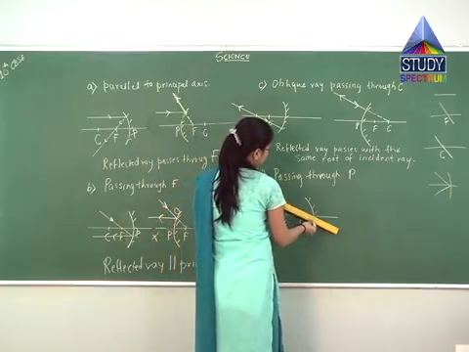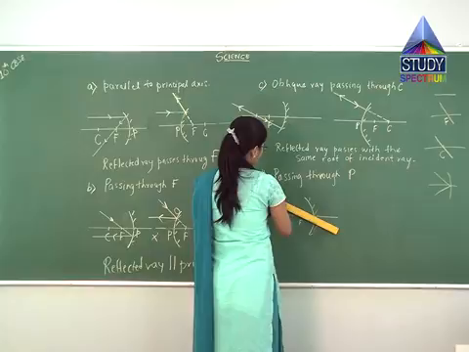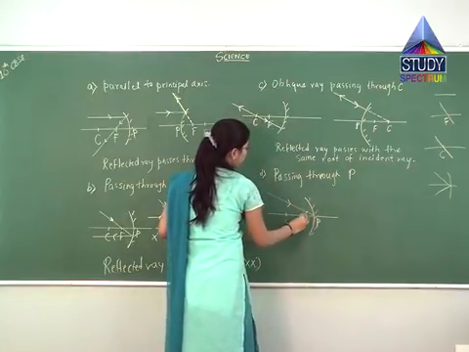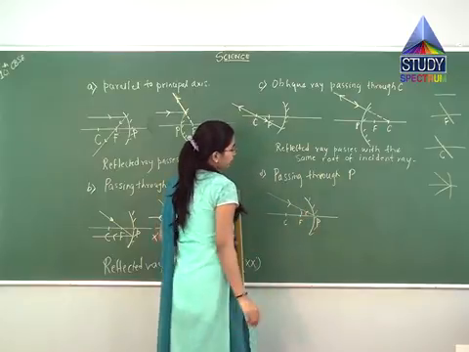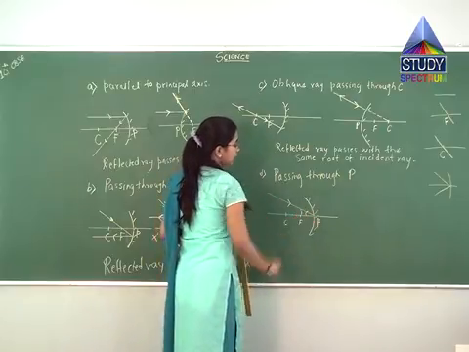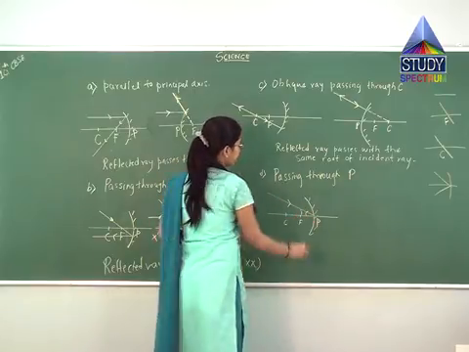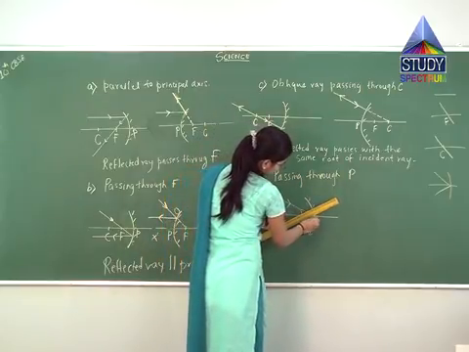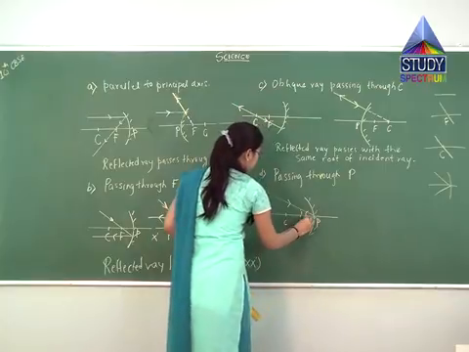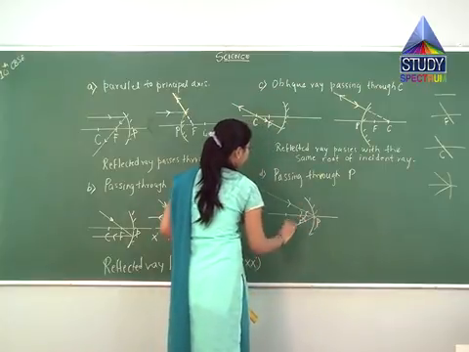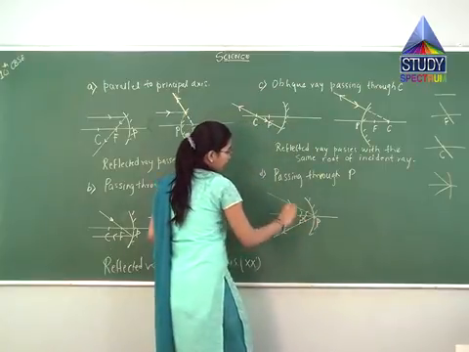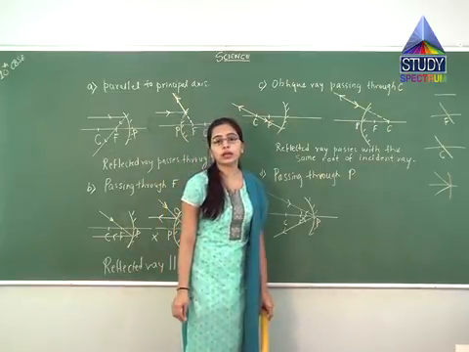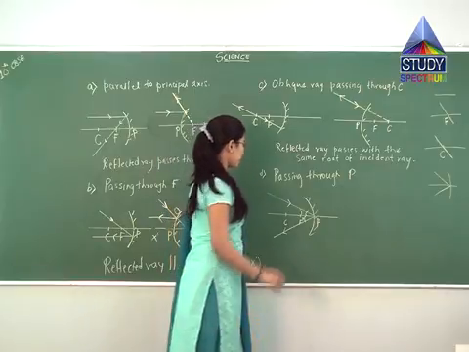Now according to the given condition, this is your incident ray making angle I. So it is incident at point P. You will observe that it will reflect like this by making angle of reflection R. And you will observe that the angle of incidence is equal to the angle of reflection.